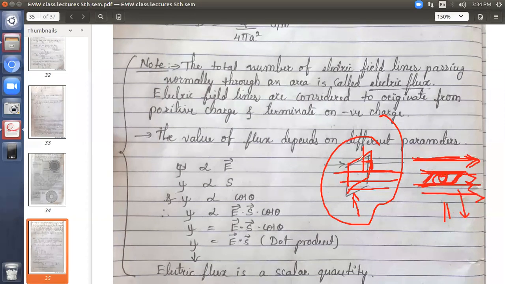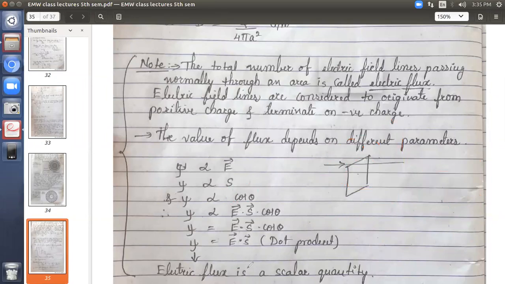So this is the observation. If area and field are perpendicular, maximum flux, and if they are parallel, the flux will be zero. This is possible with the cos theta angle.